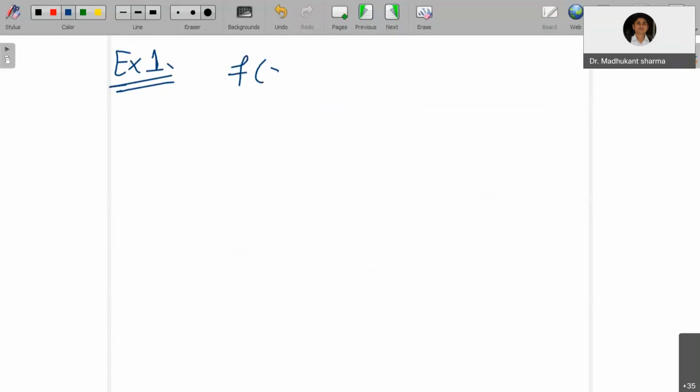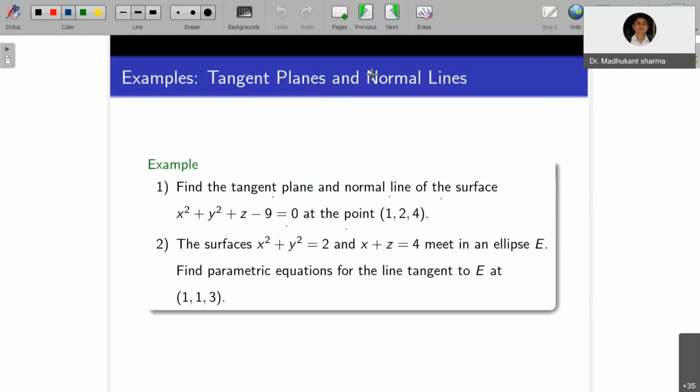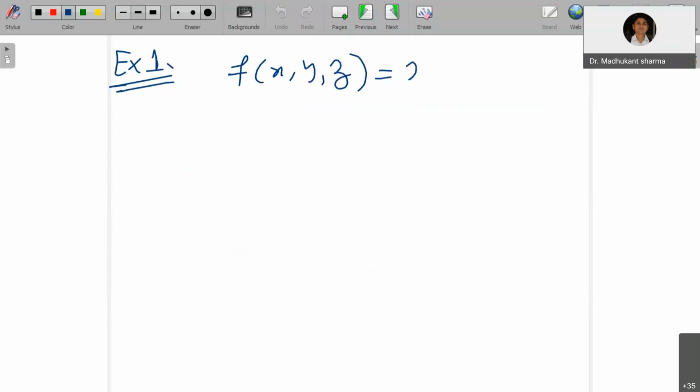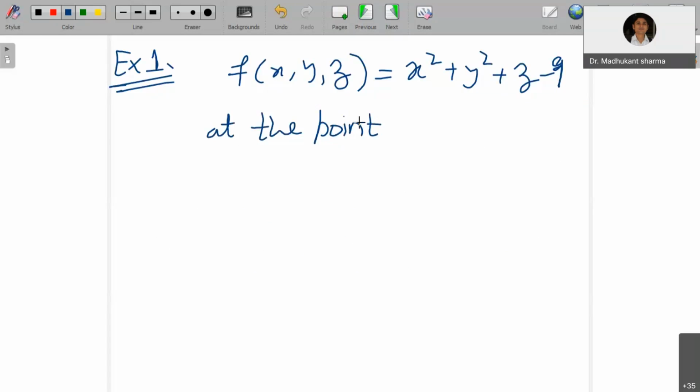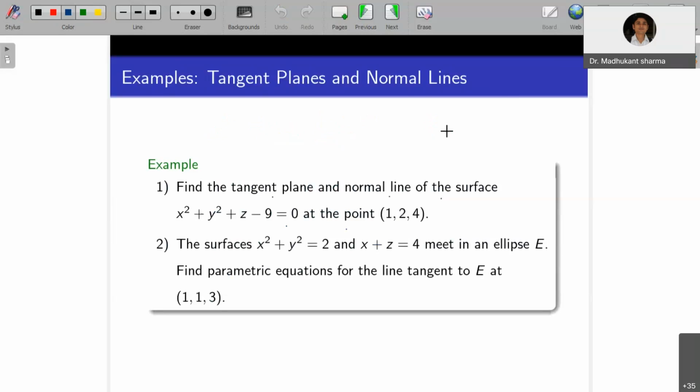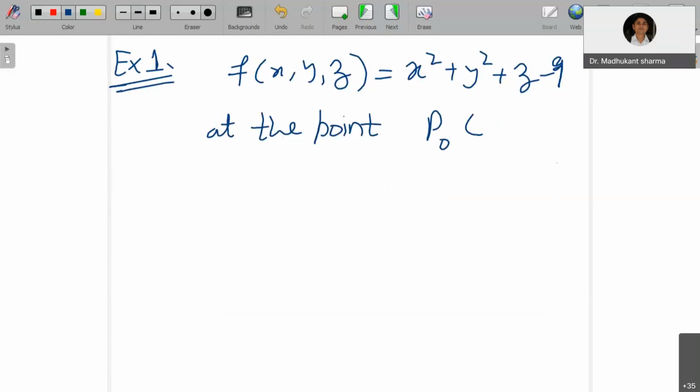So we have been given f(x, y, z) = x² + y² + z − 9. And you are trying to identify at the point P₀ = (1, 2, 4). For the equation of the tangent plane or the equation of the normal line, in both cases we need to identify grad f at P₀.